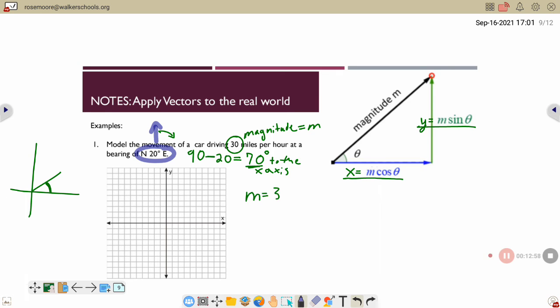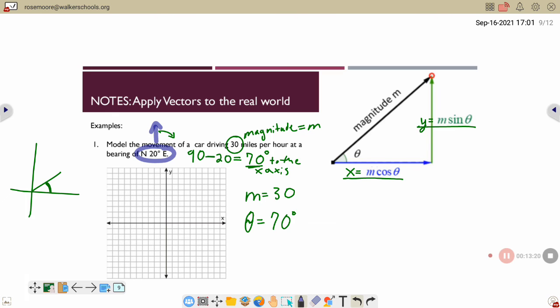M will be 30. And this theta, which is a fancy symbol for a variable, you'll notice it's not a 0, it's a 0 with a wiggle, just another variable. You can use z if it mattered, will be 70 degrees, our 90 minus given.